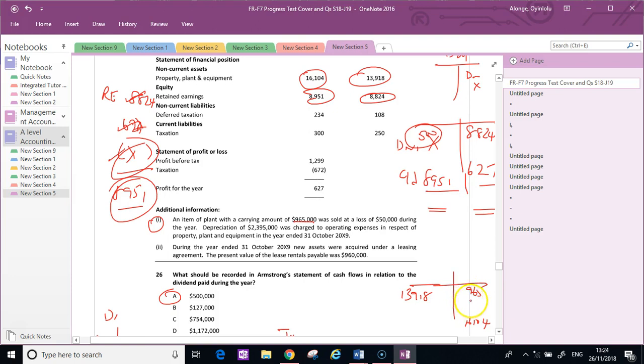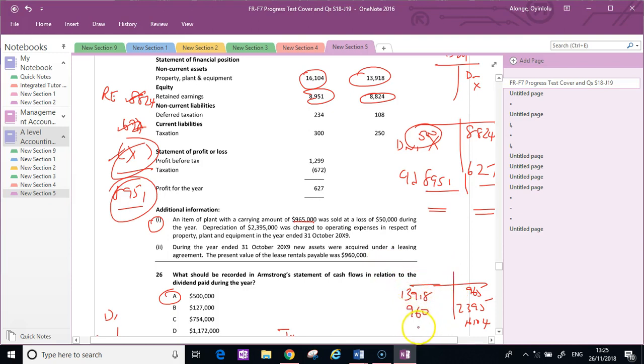And depreciation charged during the year, they tell us, is 2395. It tells us that we acquired some assets using a leasing agreement, so we recognize these assets, as if you like debit non-current assets, don't we, and credit the lease.